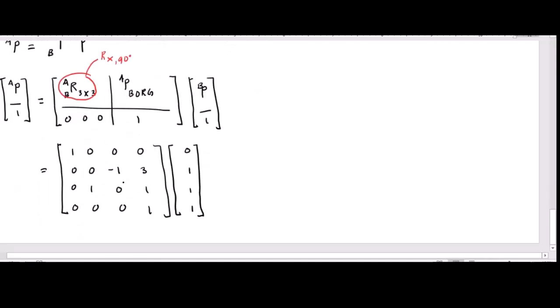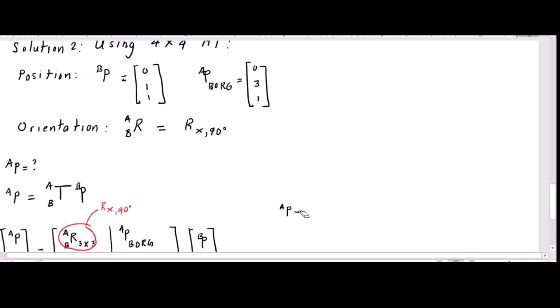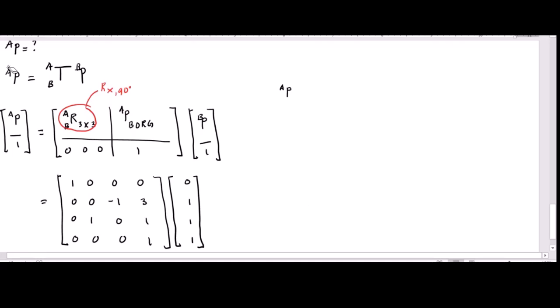Let's continue here. P to A over 1 is equal to multiply 0 times 1 will be 0. 1 times 0 is plus 0. 1 times 0 is 0. 1 times 0 again is 0.